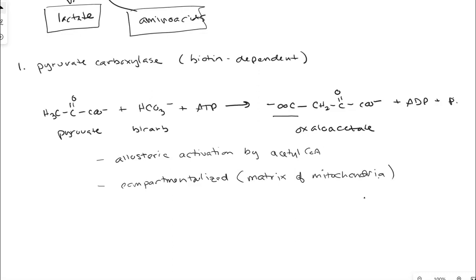By contrast, the next enzyme in the gluconeogenic pathway, phosphoenolpyruvate carboxykinase, may be localized in the cytosol, in the mitochondria, or both. So pyruvate is transported into the mitochondrial matrix, where it can be converted to acetyl-CoA for use in the TCA cycle, and then to citrate for fatty acid synthesis.